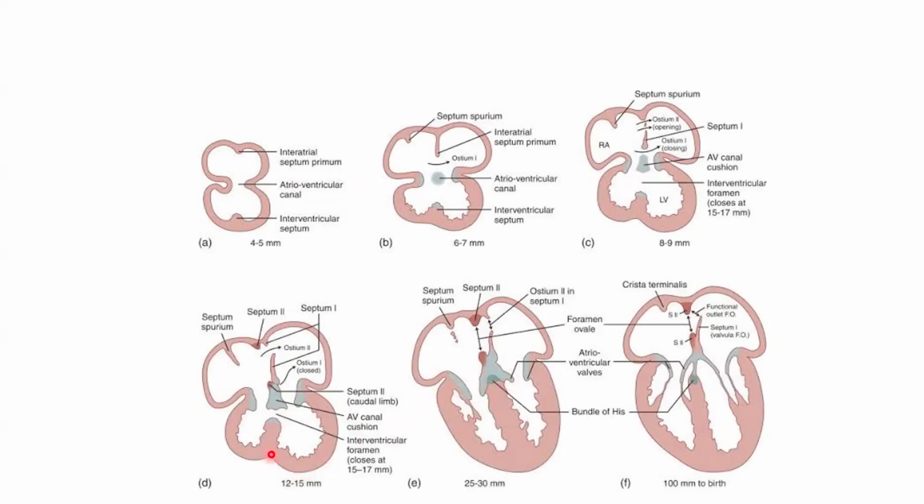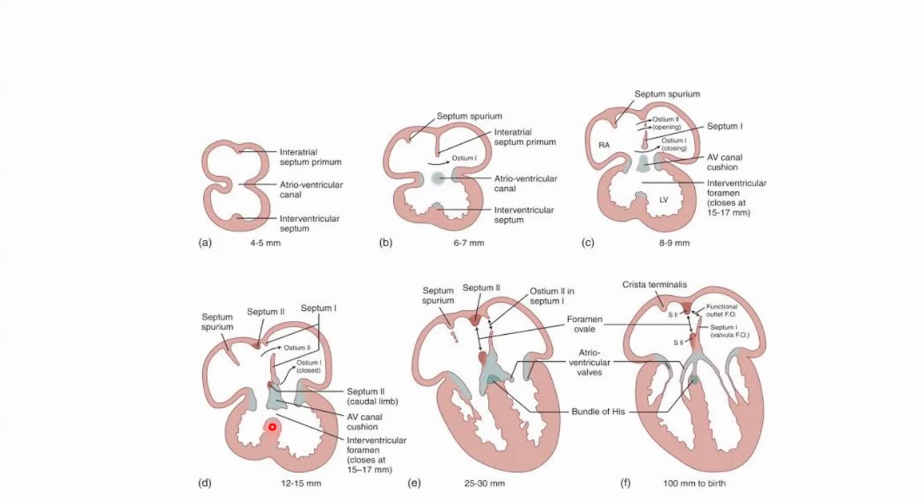Okay, so if at any point in the journey from here to here, the process is arrested, you have varying degrees of ventricular septal defect. So if the process is arrested here, you'll have a large muscular VSD, okay, as you can see from here.